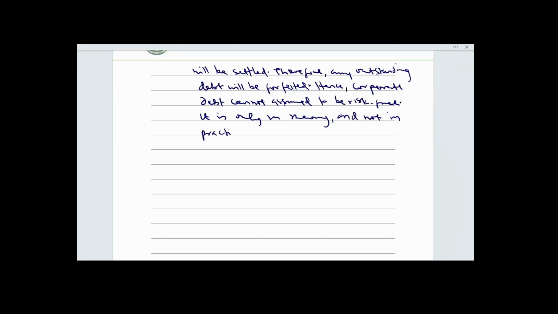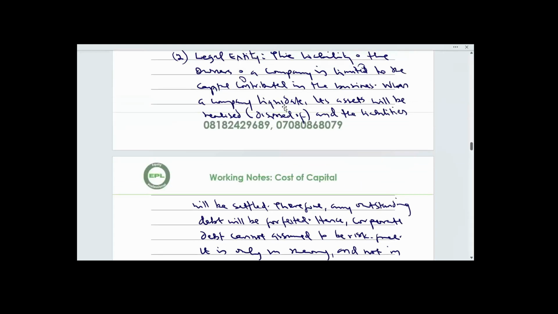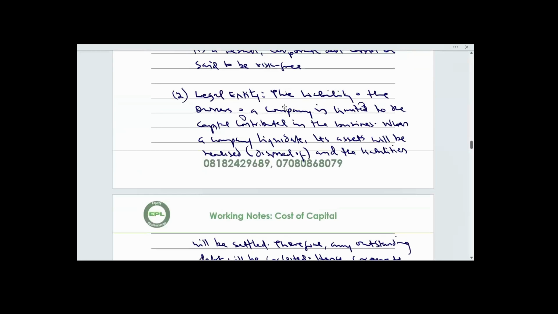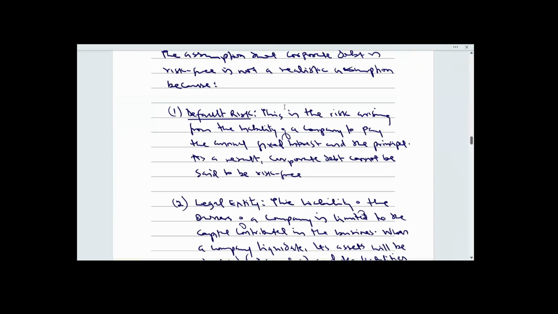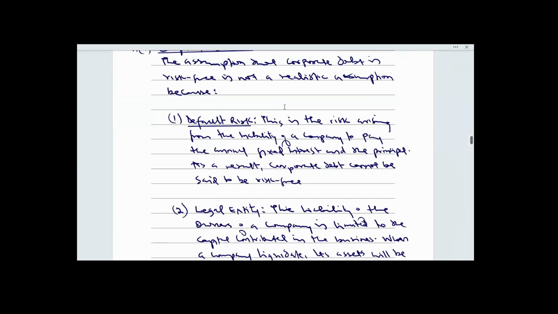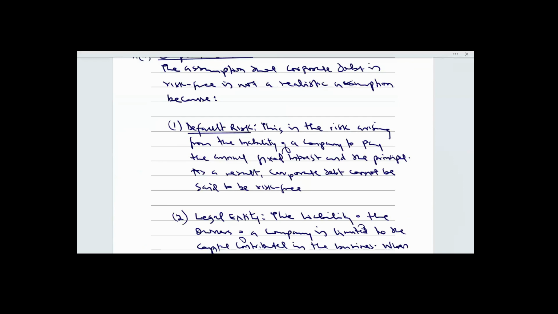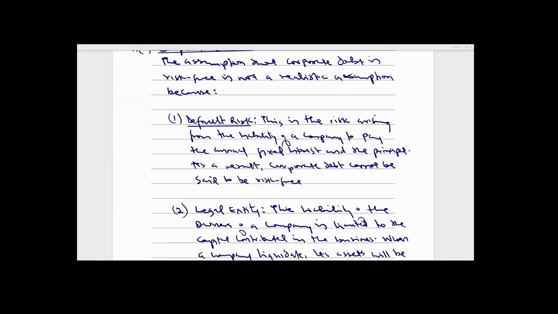So that's what the examiner is asking you. Corporate debt is not risk-free at all. So that answers that.